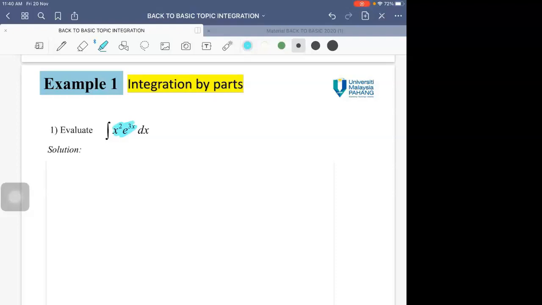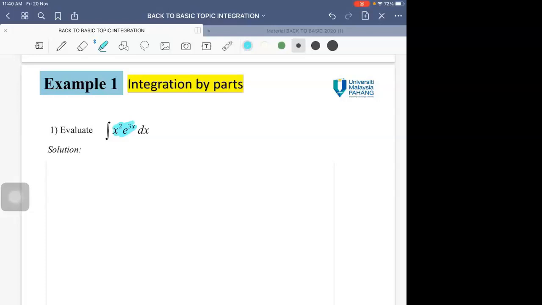Because we cannot let u, we don't have any selection for our u. If we use u equal to x squared, then we cannot get the exponent, the rest of the term. If I let u be the exponent, how can I get my x squared? So for this problem, we cannot use substitution.